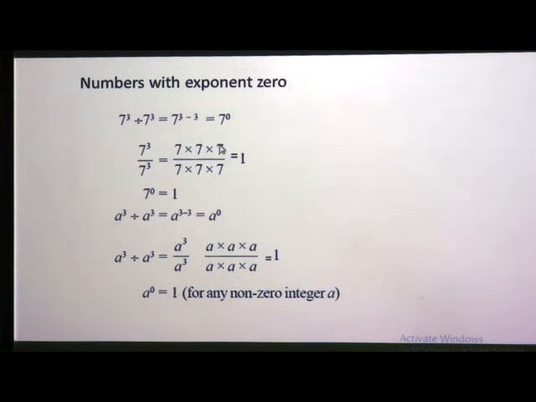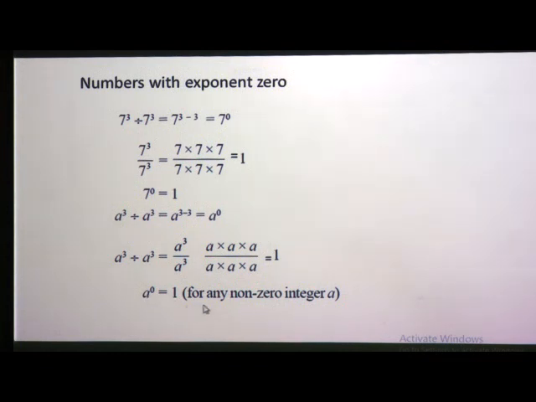If we are taking a as 7, it may also be 2, it may be a 2-digit number, it may be 11, or it may be more than that. So we should know that a raised to the power of 0 is always 1. Any number raised to the power of 0 is always 1, for any non-zero integer a.